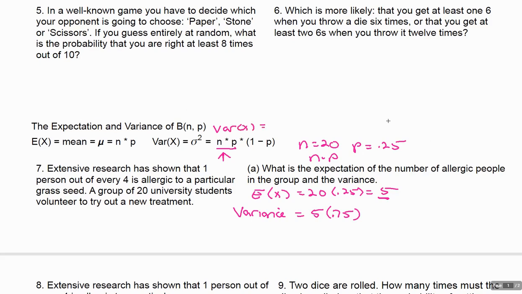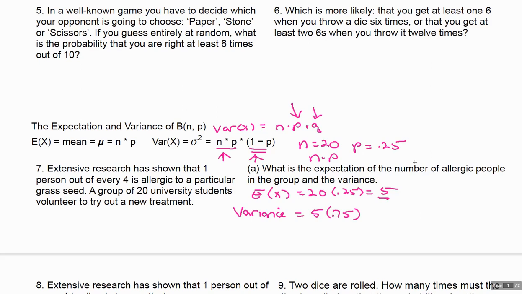Now sometimes they'll say that the variance is equal to n times p times q. It's really common, the probability of success being p, and the probability of failure being q. I prefer to refer to it as 1 minus p, because sometimes we have to build an equation and we only have one variable, and it makes it a lot easier.